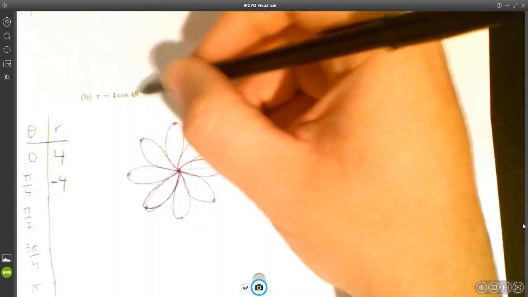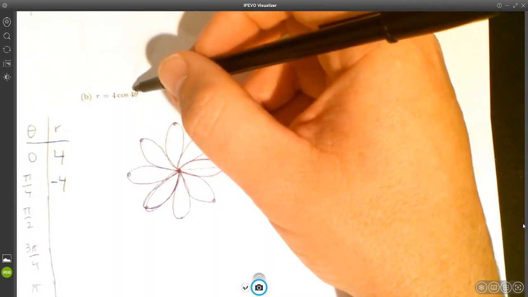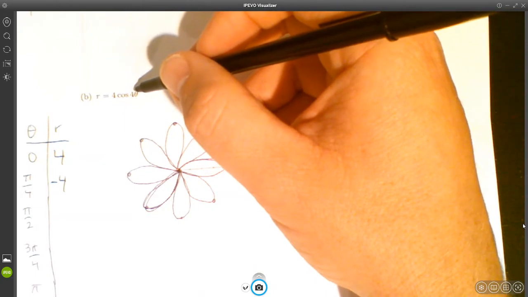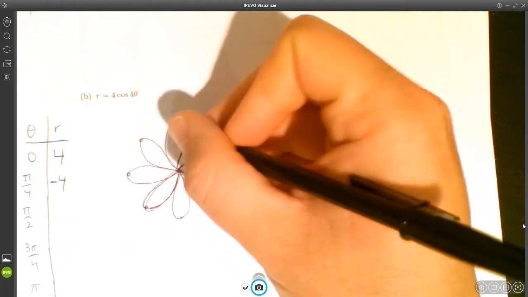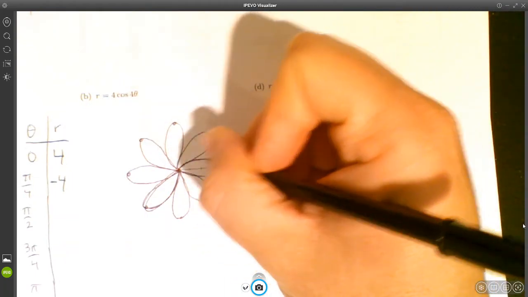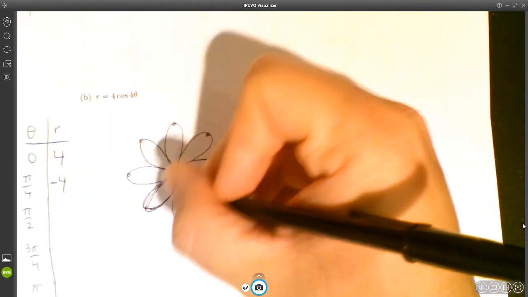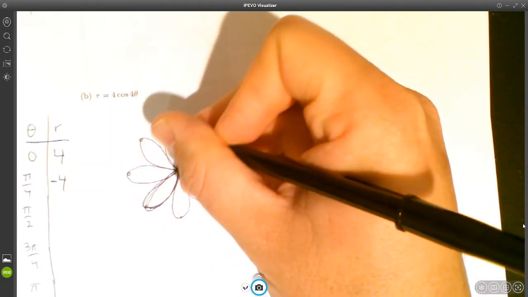If I plug in pi over 2, 4 times pi over 2 is 2 pi. Cosine of 2 pi is, sorry, 1. And 4 times 1 is 4. So then I'm back up here. So I start at this point, I work my way down to this point, and then I would come up to this point here.